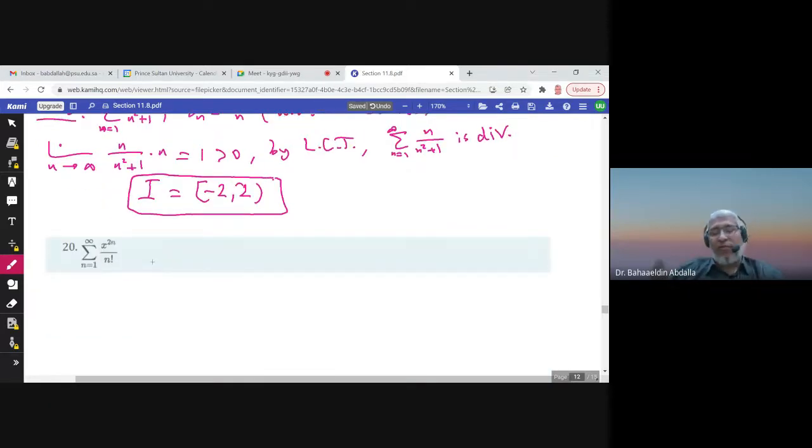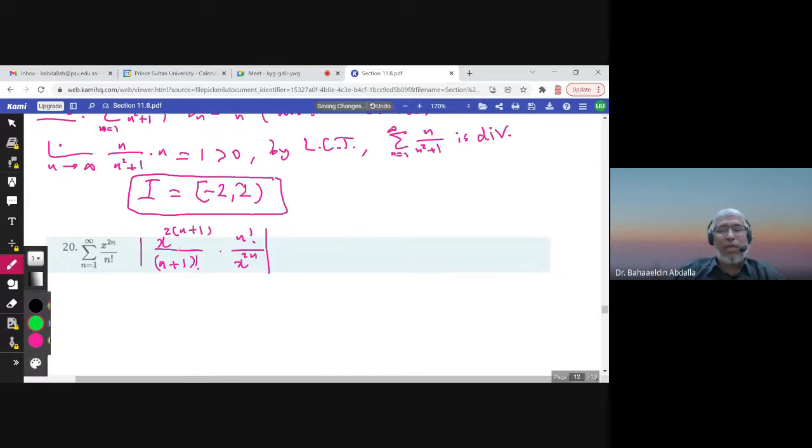I have factorial, so I'll use the ratio test. An plus 1 multiplied by the reciprocal of an. This is 2n plus 2.